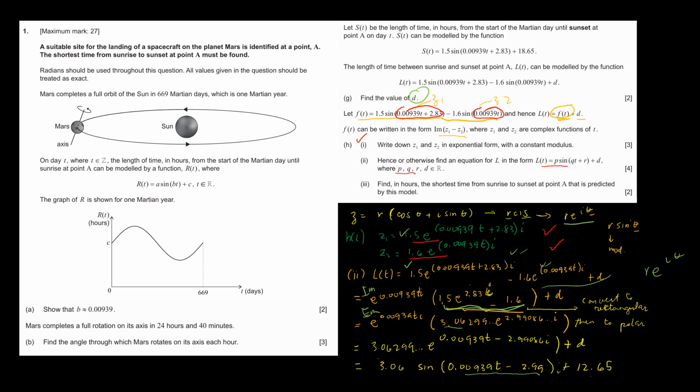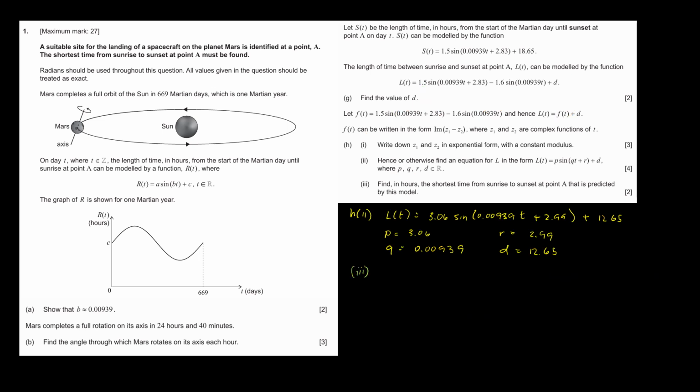Hence or otherwise, find an equation for L in the form of P sine. Okay, so our P is 3.06. Our Q is 0.00939. R is negative 2.99. And D is 12.65. Okay, just like this one.